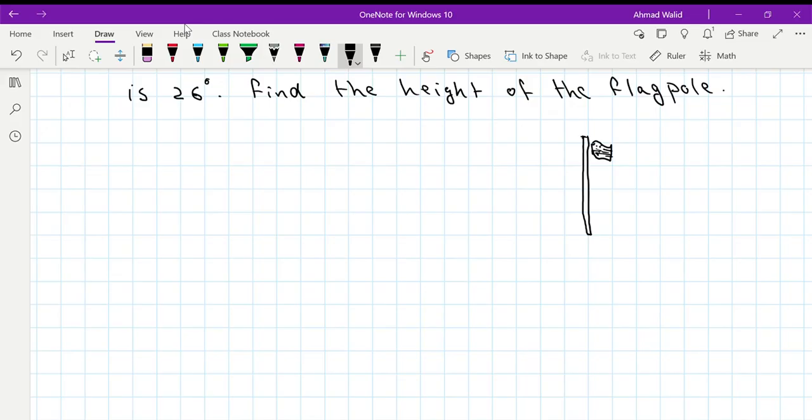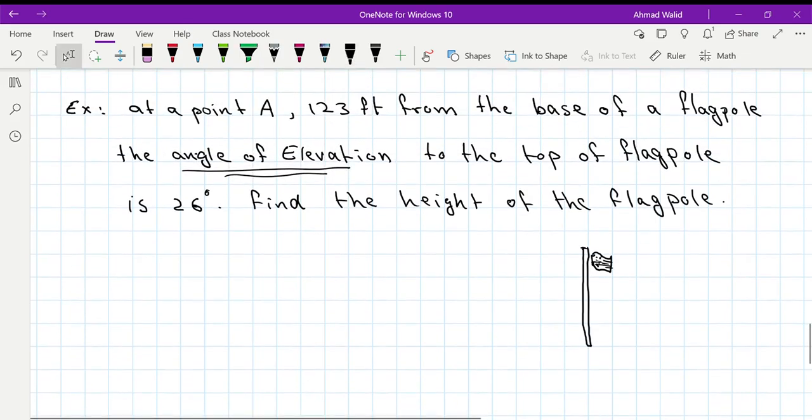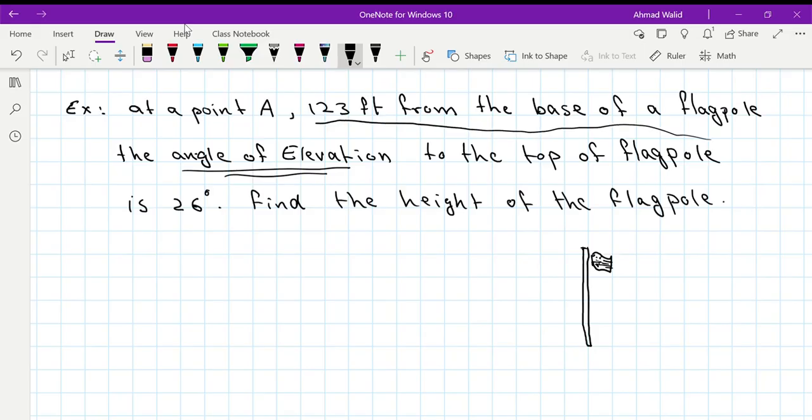If you read the problem carefully, at a point A, 123 feet from the base of the flagpole, there is a point A here somewhere, and the distance between point A and the base of the flagpole is 123 feet.